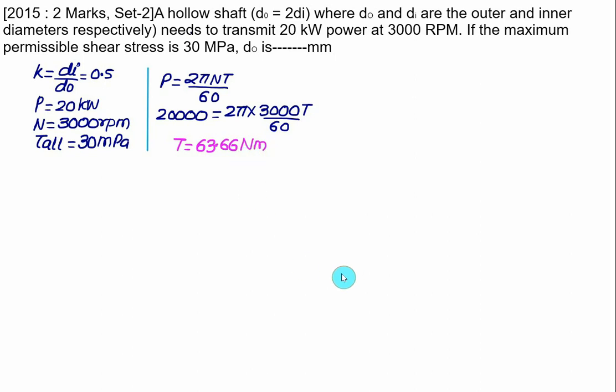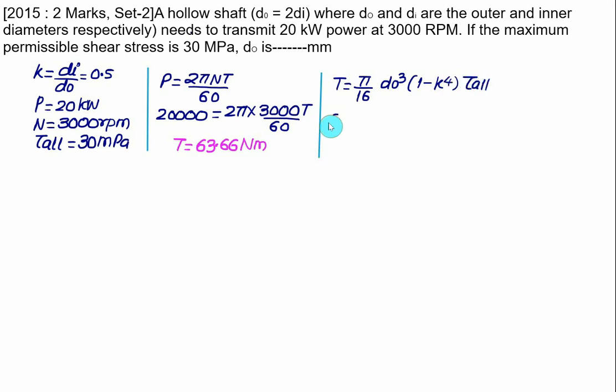We have been given a hollow shaft. For a hollow shaft, torque is equal to pi by 16 multiplied by DO cube into 1 minus K to the power 4 multiplied by tau allowable.